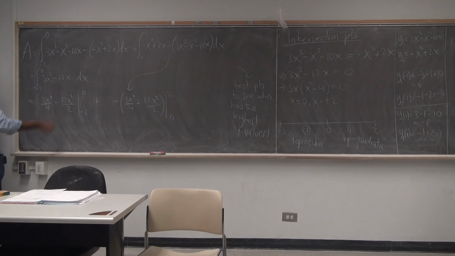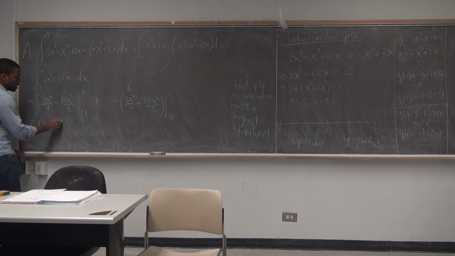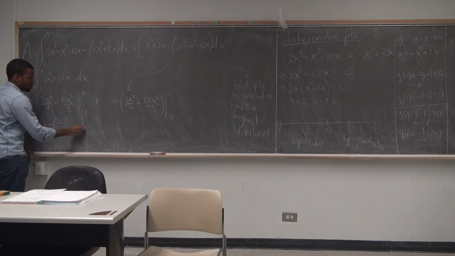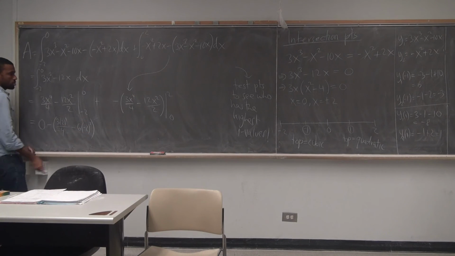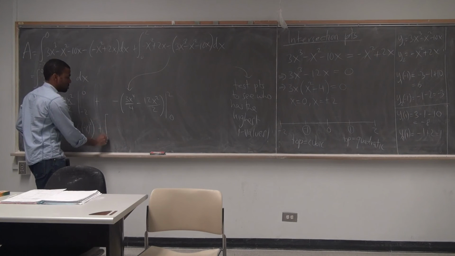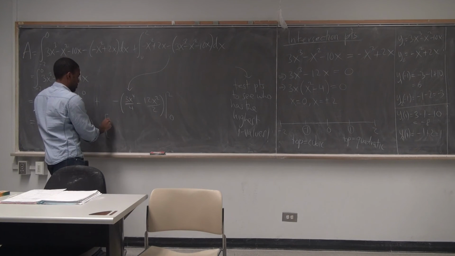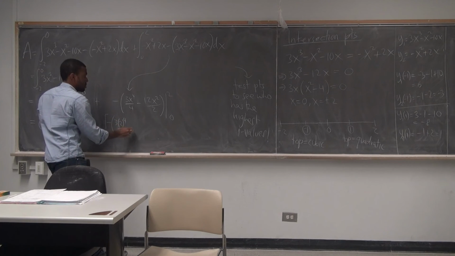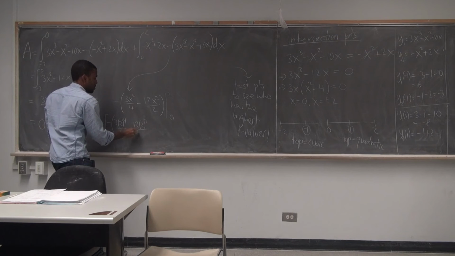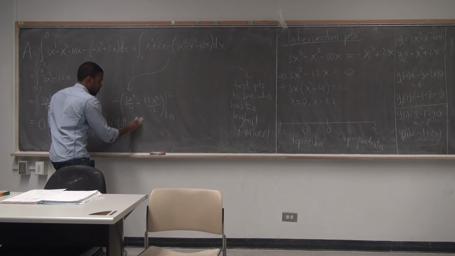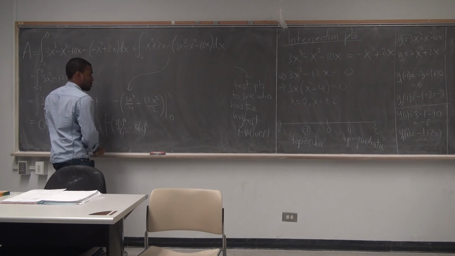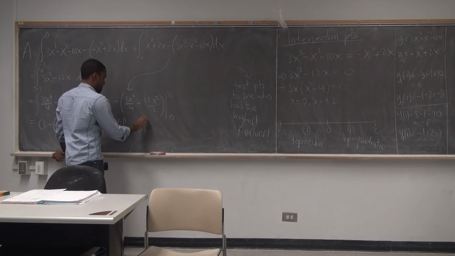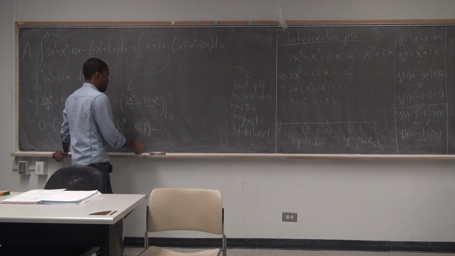So here, if you plug in 0, you get 0, minus, plug in 2, I get 3 times 2 to the fourth, which is 16, minus 6 times 2 squared, plus, plug in 2 here, minus when you plug in 0.